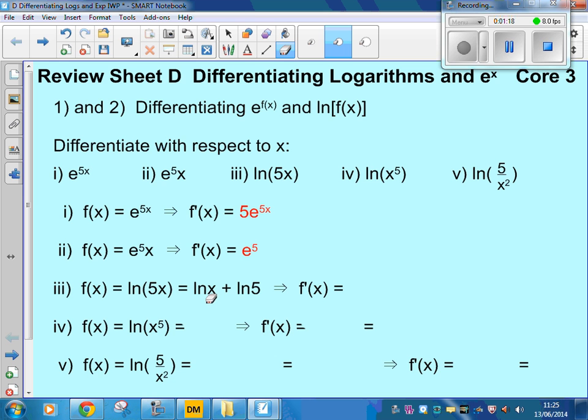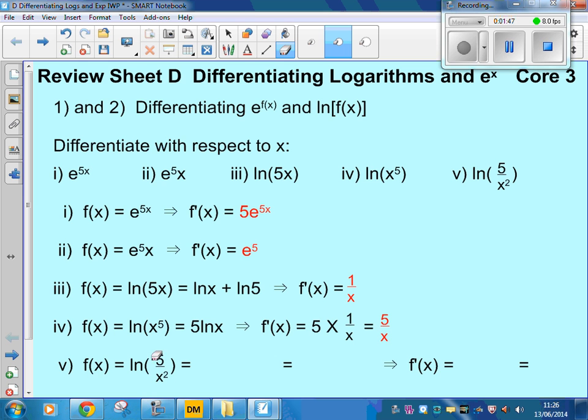Ln of x differentiates to 1 over x, and ln of 5 is a constant, and when you differentiate a constant, it disappears, so you just get 1 over x. If you've got ln of x to the power of 5, then that is the same as 5 ln x. So when you differentiate it, you get 5 lots of your 1 over x, which is just 5 over x, because that's like 5 over 1 times 1 over x, it becomes 5 over x.